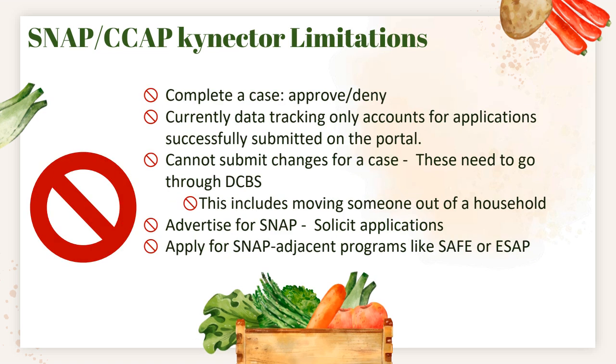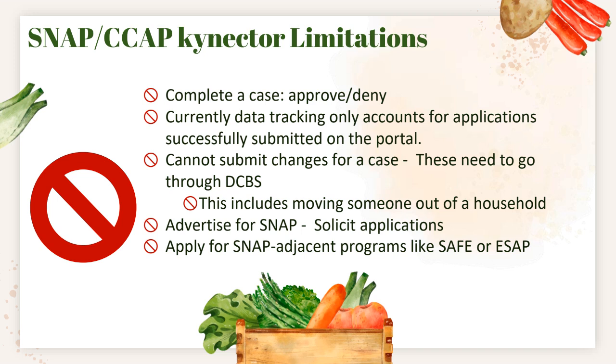Now, they can't do everything, so these are some limitations as to what SNAP and child care kynectors cannot do. Big thing, first and foremost, is they can't complete a case. If you've ever heard of kynectors before for Medicaid, they can apply for someone and potentially get them approved for Medicaid themselves.